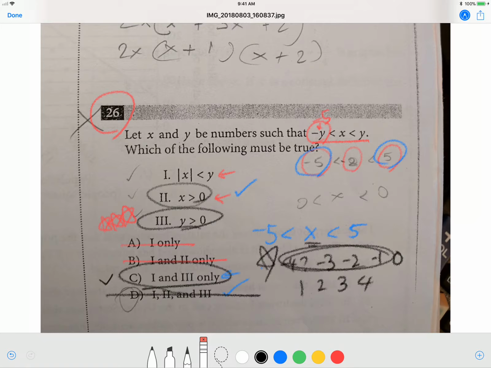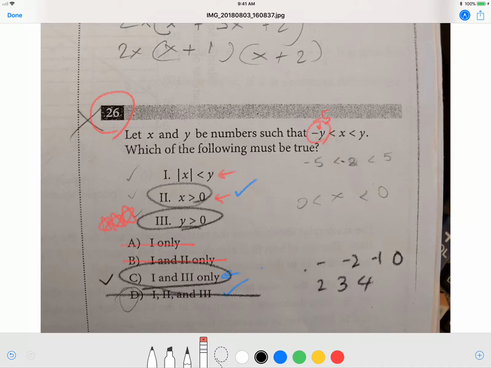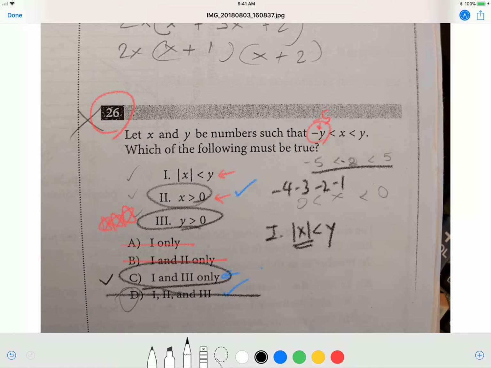Now, just for the sake of going over the question, I am going to show you why Roman numeral 1 makes sense. So Roman numeral 1 says, absolute value of x is less than y. Well, absolute value of x means no matter what I did, so for this problem, remember, negative 4, negative 3, negative 1, 0, 1, 2, 3, 4, any number that you decide to select and plug into x, because you take an absolute value, it's going to give you a positive number, right?